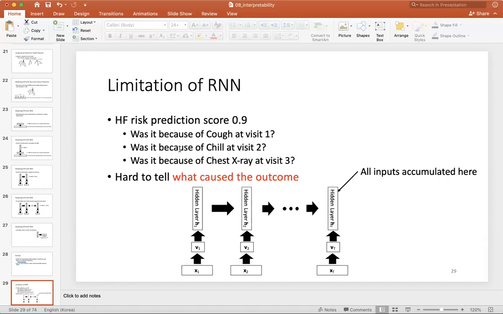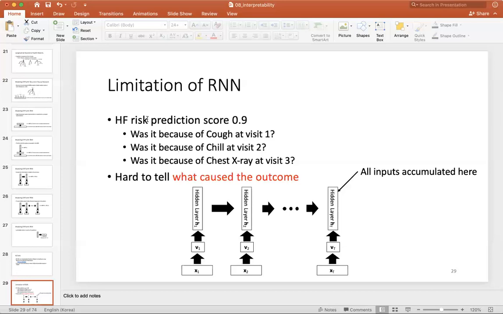A model with zero accountability is probably not going to sell itself to physicians or hospital administrators, and it'll never be deployed in the real world because you can't really trust what's happening there. So naturally the next step was to make an interpretable model.